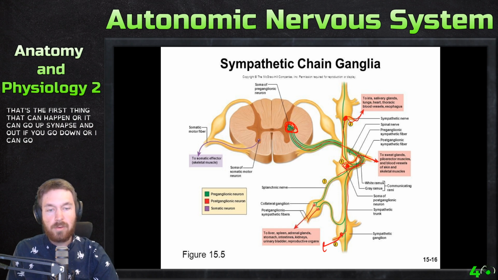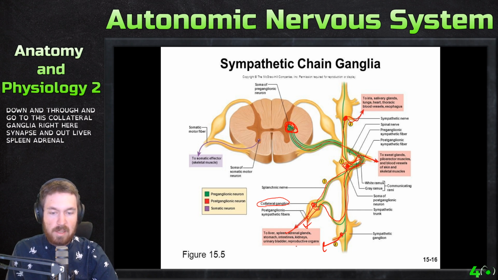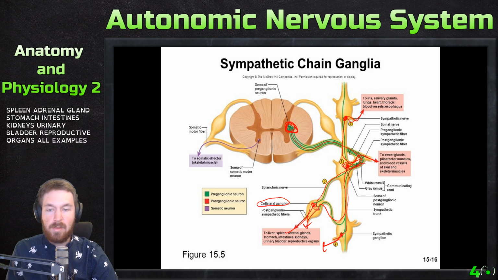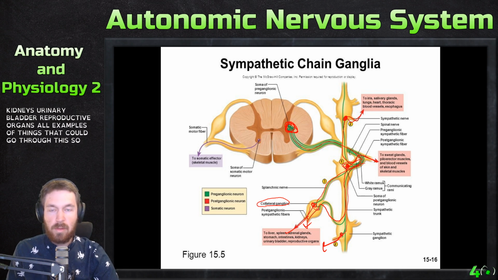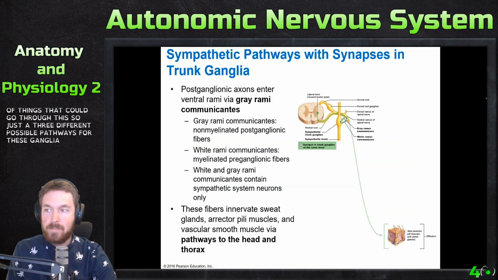Or it can go straight down and through and go to this collateral ganglia right here, synapse, and out. Liver, spleen, adrenal glands, stomach, intestines, kidneys, urinary bladder, reproductive organs, all examples of things that could go through this. So just 3 different possible pathways for these ganglia.